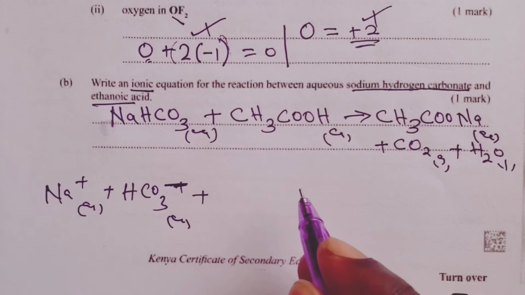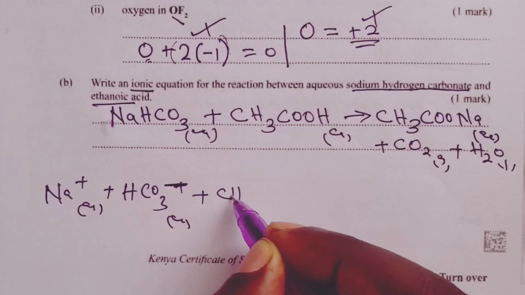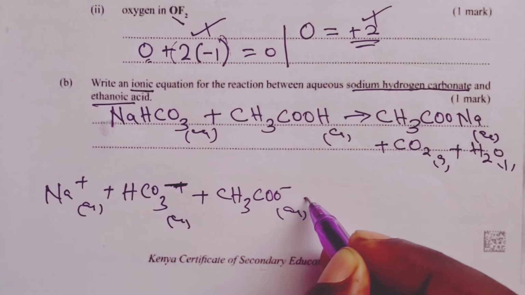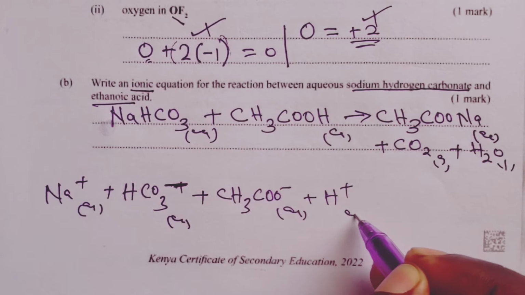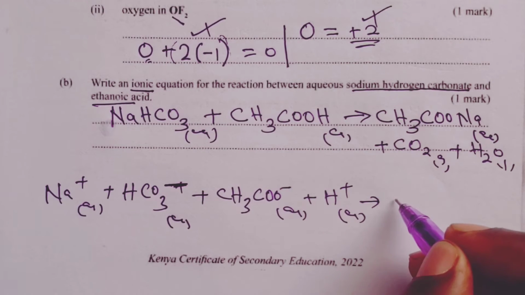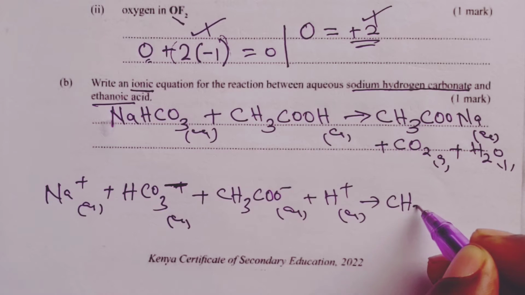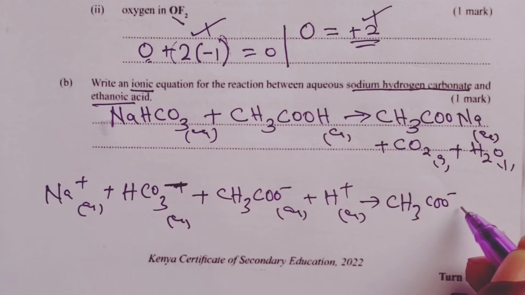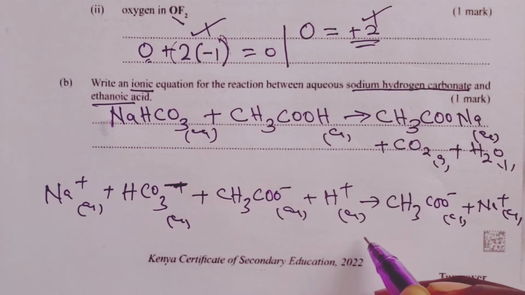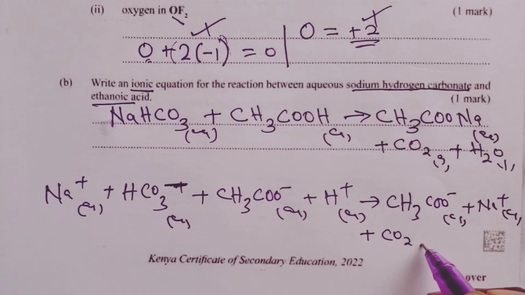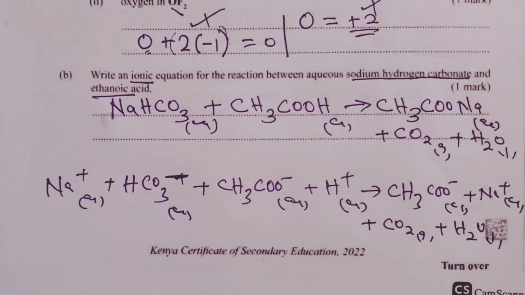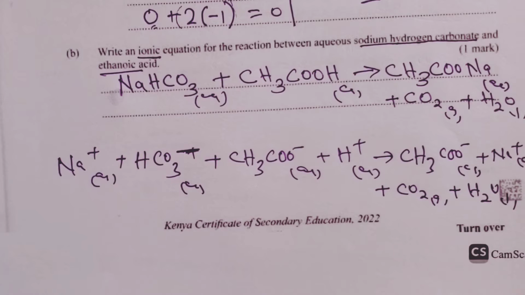In the ethanoic acid, we have the ethanoate ions and we have hydrogen ions. On the right hand side, we would break sodium ethanoate into the ethanoate ion and sodium ions. And of course, carbon dioxide gas does not have ions, same to water, which remains as gas and liquid respectively.